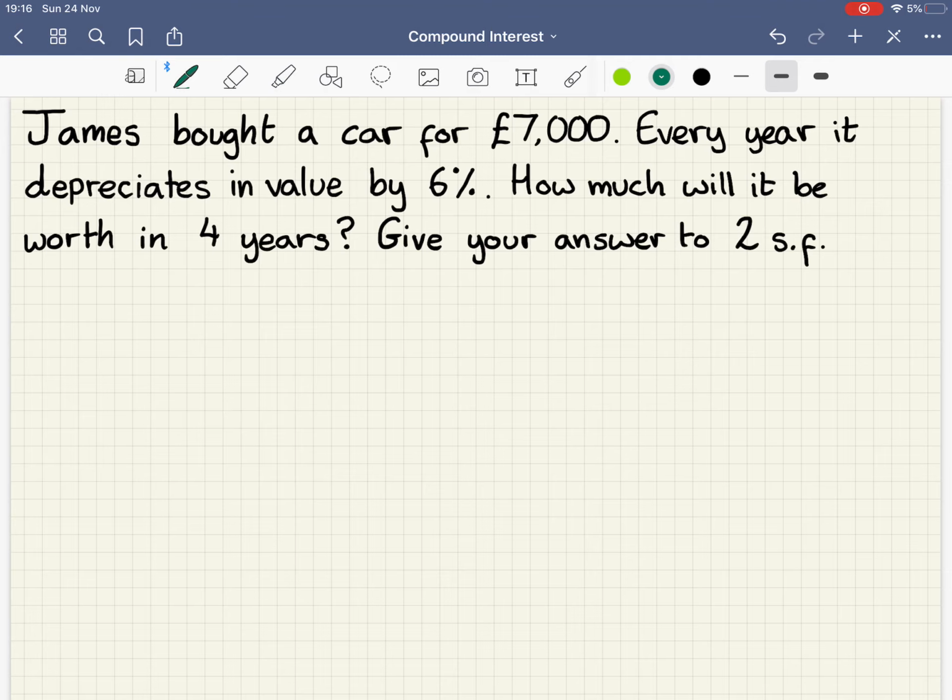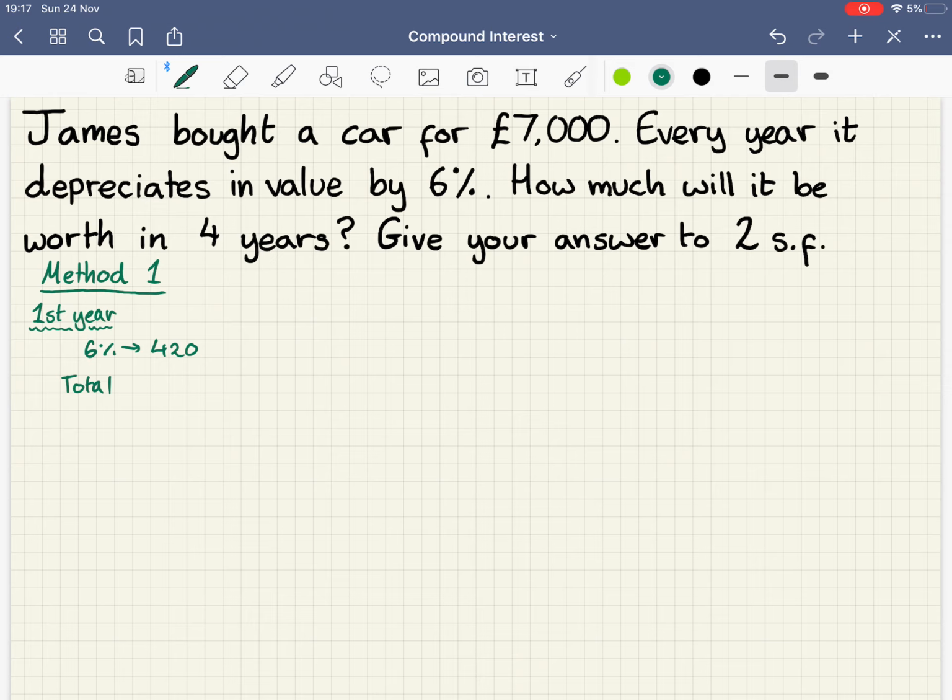Because method 1 does take a while, I am just going to write out what you should be getting for each percentage and each total. So if you have made an error along the way, you can identify at what point you made that error. So, firstly, for our first year, your 6% should have come out as 420.